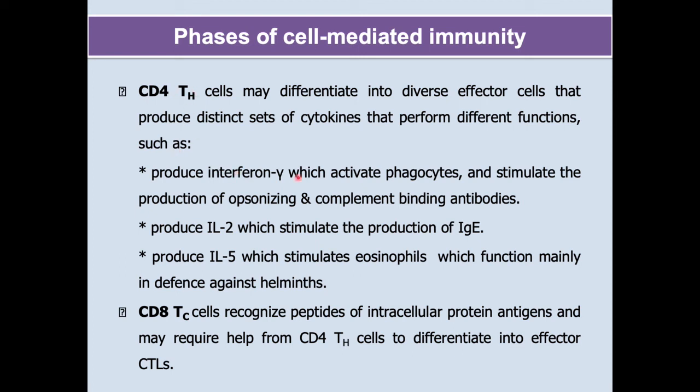The first one is interferon gamma, which activates phagocytes and stimulates the production of opsonizing and complement-binding antibodies. So here it activates cell-mediated immunity by phagocytosis and at the same time stimulates the humoral immune response by opsonizing and complement-binding antibody.